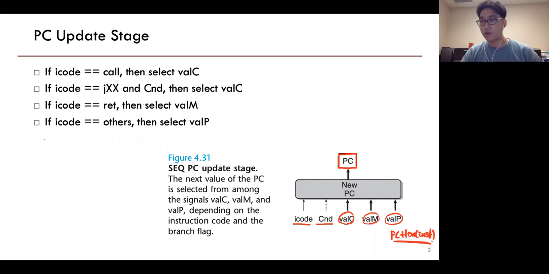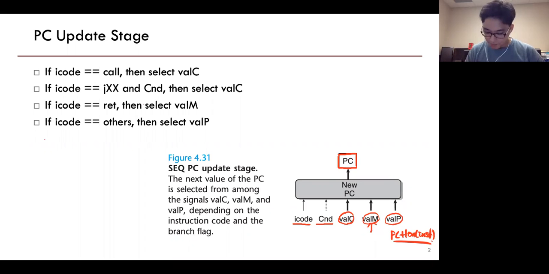When a call instruction is executed, it stores the return address to the memory. And when a return instruction is executed, it restores the return address and uses that as the next PC value. So valM is another candidate in case we use call and return instructions.